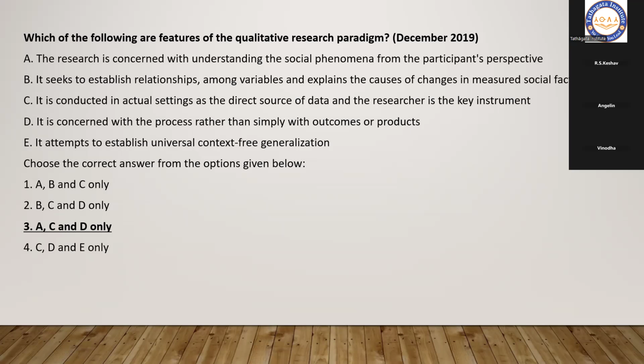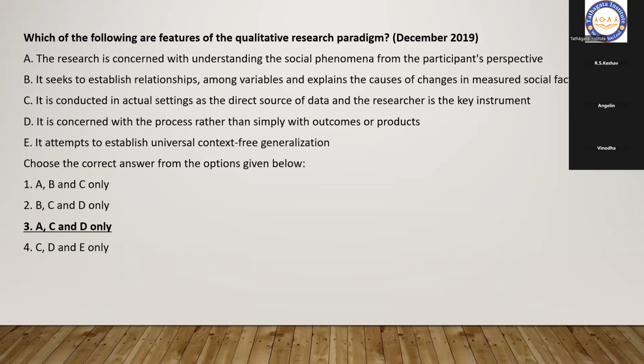It is conducted in an actual setting as the direct source of data, and the researcher is the key instrument: that is qualitative. It is concerned with the process rather than simply with outcomes. Yes, qualitative research is concerned with the process, the actual setting, and the understanding.